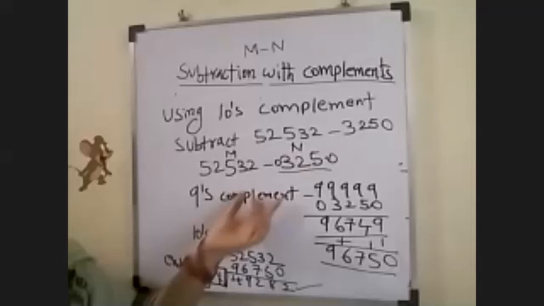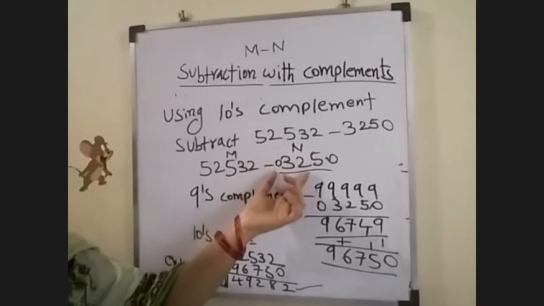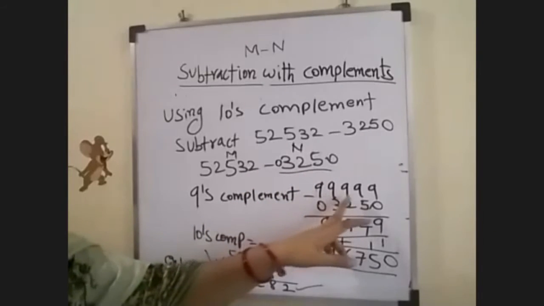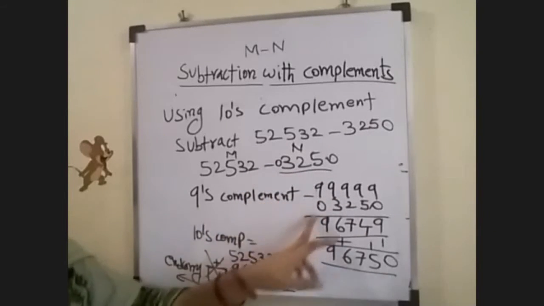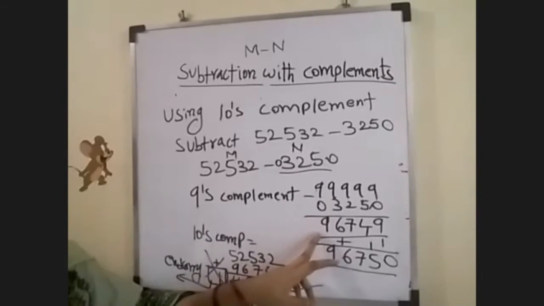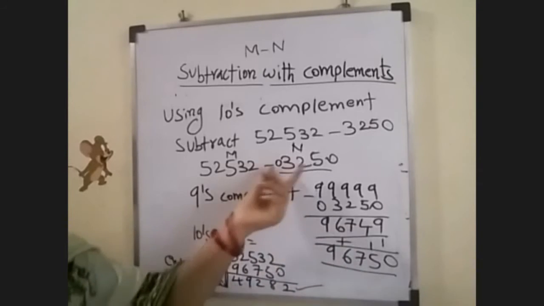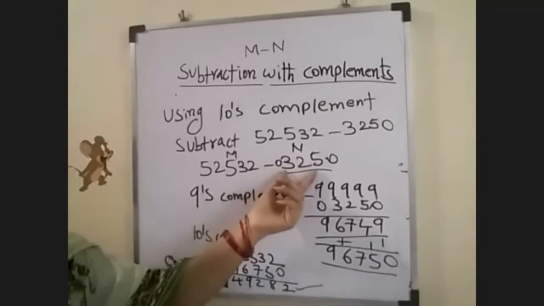10's complement means first you apply the 9's complement of this number. How? Take as many 9's as there are digits and subtract this value from those 9's, and you get the result 96749. So this is the 9's complement of 03250.